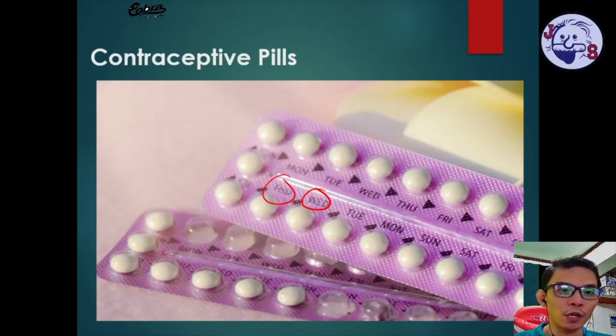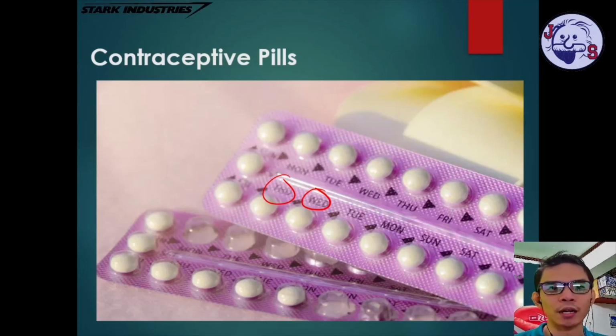When you go to the doctor, the doctor will instruct you when to start taking these pills and where to end. So you just follow the doctor's order on how to take these contraceptive pills.